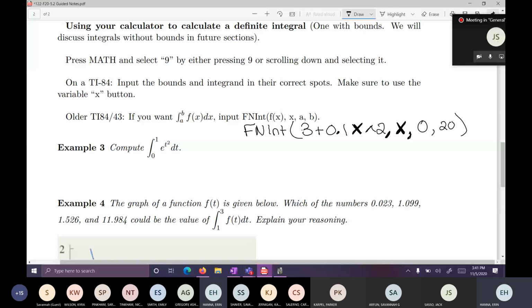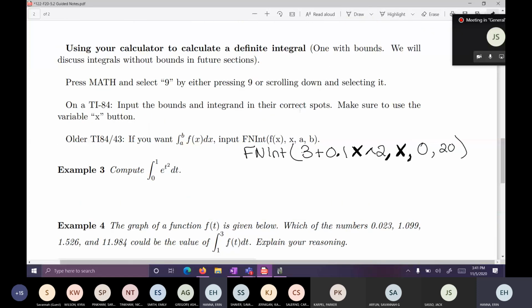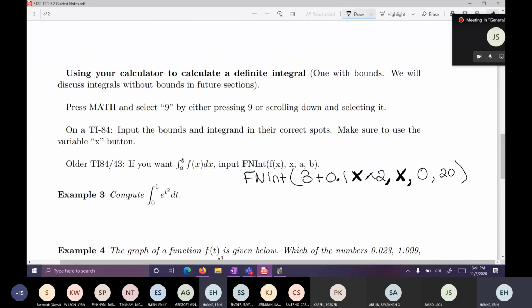If you have a TI Inspire, I'm going off of memory here. Hit the menu button. You scroll down to calculus. Oh man, on mine it actually says integral.